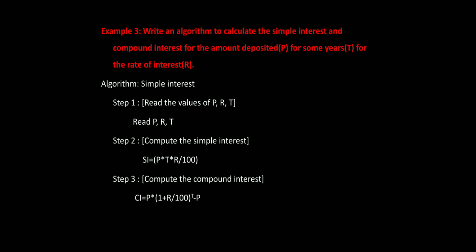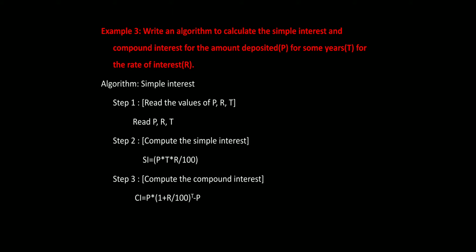Third one is, write an algorithm to calculate simple interest and compound interest for the amount deposited P for some years T at the rate of interest R. Here in this example we have to calculate simple interest and compound interest.